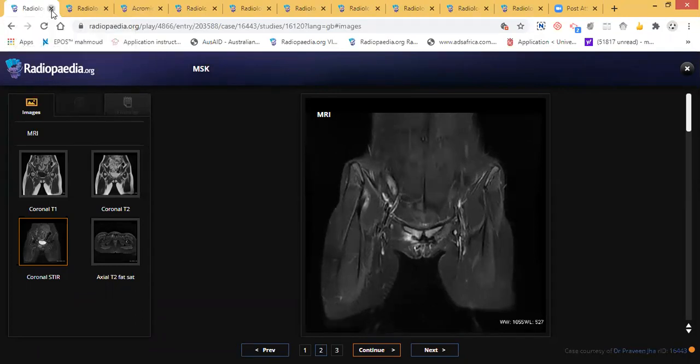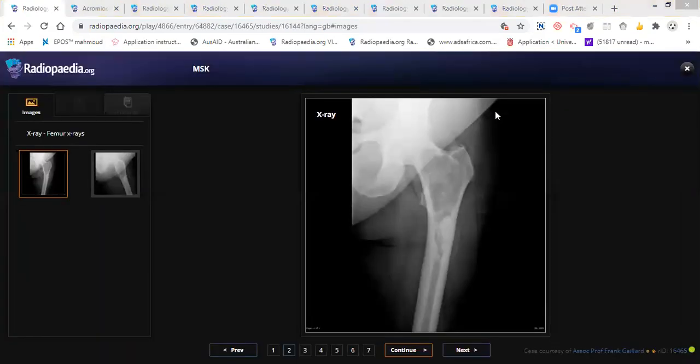In this case, I think it's an adductor muscle injury.